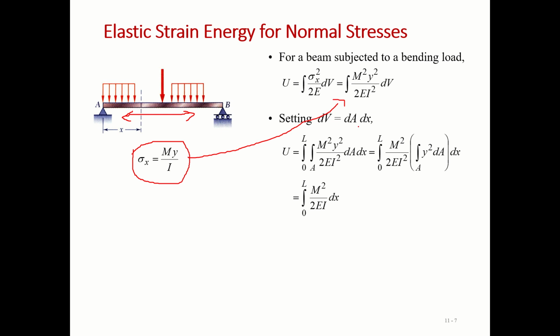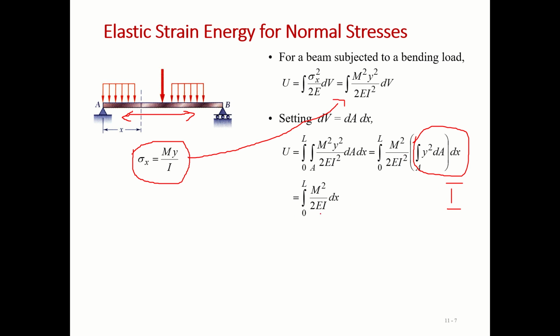So dV is equal to dA dx in the more generic expression. So y squared dA, this is the moment of inertia. This moment of inertia is I, so the I squared will cancel out with this square.